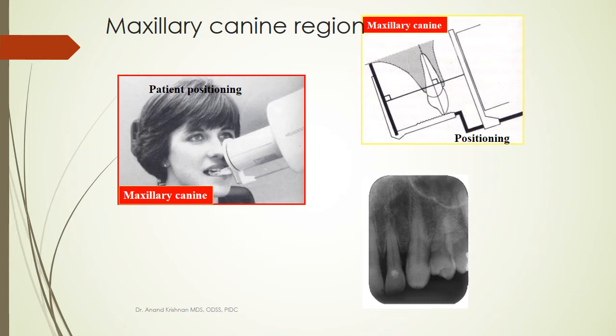As you can see in the image on the right side top, the receptor is placed along, that is the black line represents the film, and it is placed along the slot that is given, and the patient is biting on the device, and the position indicating device is coinciding with the ring that is given in the device, and you get a very good resultant radiograph.